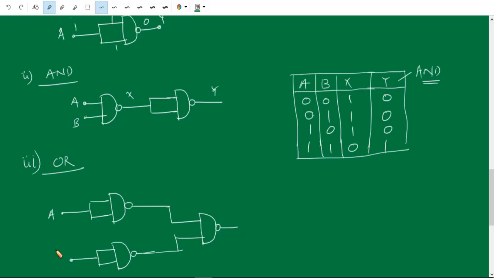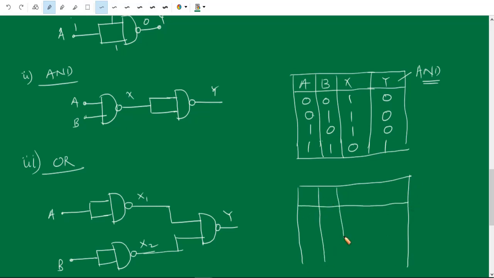So the input A, input B, and here x1, x2 and y. So let me draw the output of different combinations of inputs. x1, x2. So A, B, x1, x2 and y, okay.